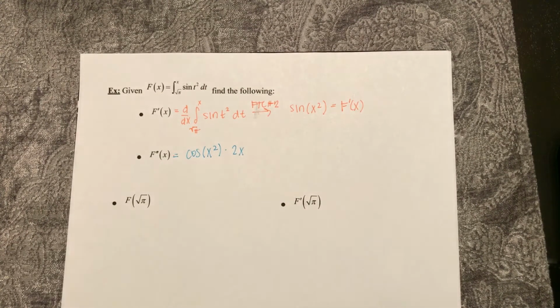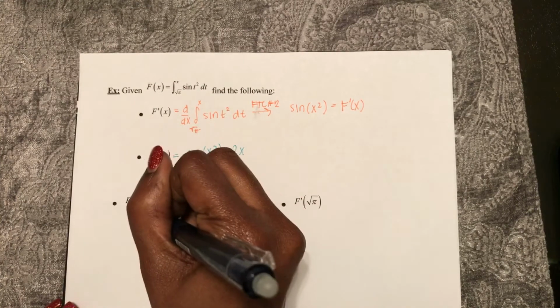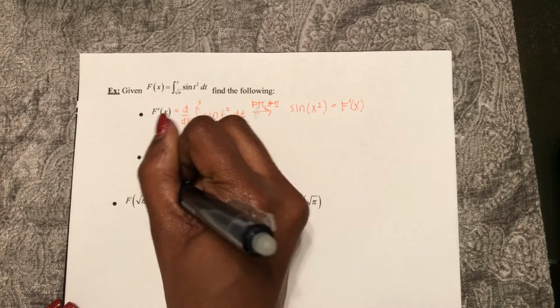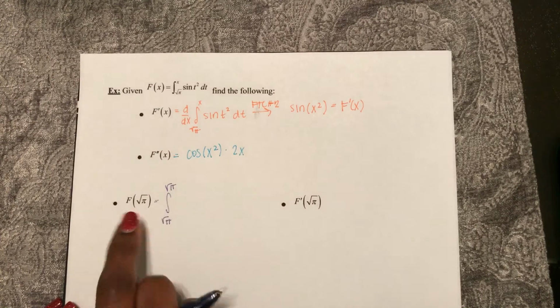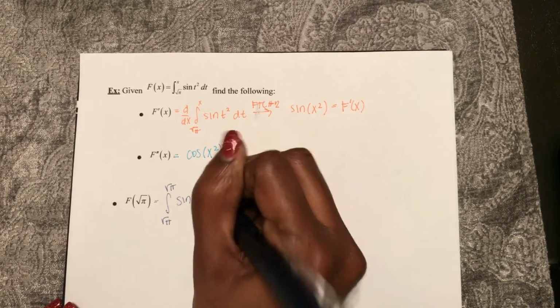So now that we figured out f of x, f prime of x, and f double prime of x, let's evaluate them at some values. So f of square root pi is going to be the integral from square root pi to square root pi of sine of t squared dt.